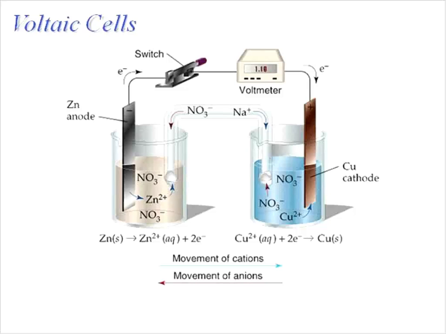These ions are just floating around everywhere, on the copper side and on the zinc side. But to complete the circuit, there has got to be flow of ions in this region. I will talk about it in a moment.